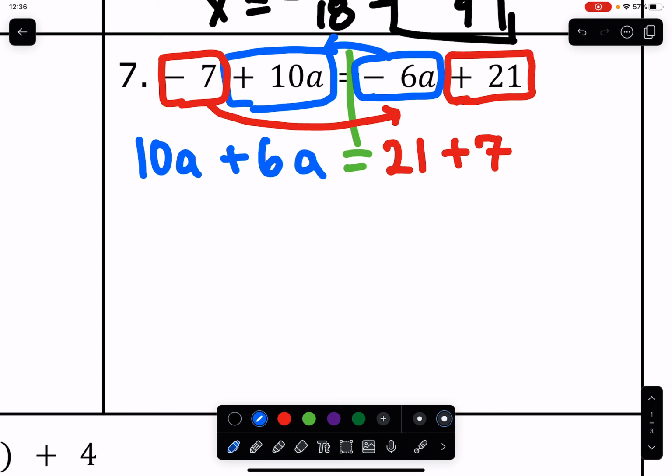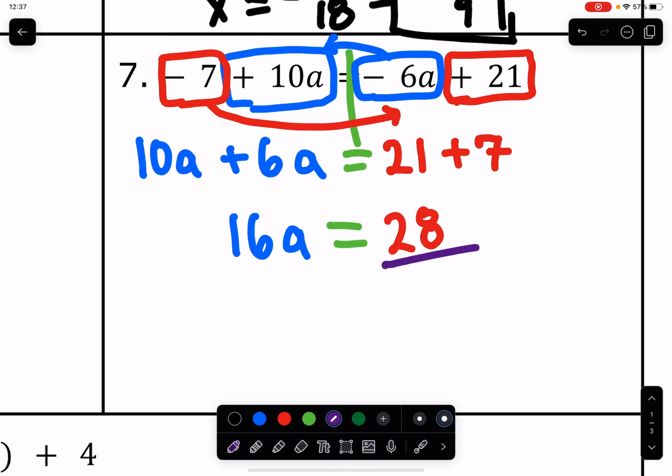Now, combining the terms, we end up with 16a equals 28. Now, dividing that 28 by that 16 gives us a decimal value of 1.75.